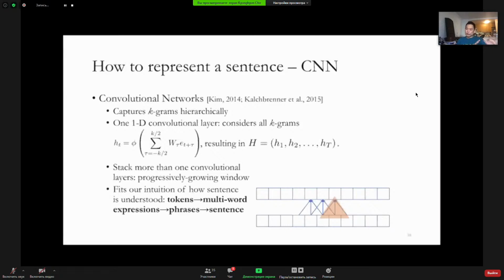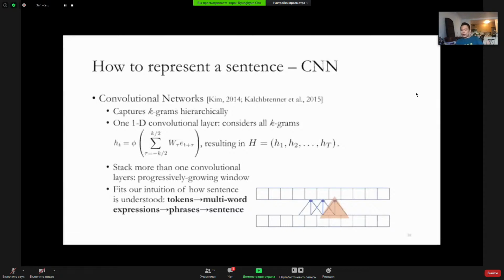Unlike in images or videos, where 2D or 3D convolutions are much more common, in text, because we're talking about a sequence, we work with one-dimensional convolution. Then we stack these convolutional layers on top of each other in order to capture larger and larger n-grams without having to increase the number of parameters too dramatically.